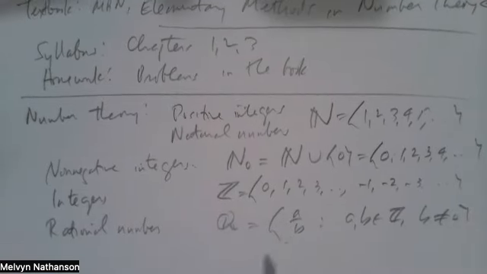You can't divide by 0, so all fractions A over B, where B is a non-zero integer and A is any integer. So this is the basic material for our course.